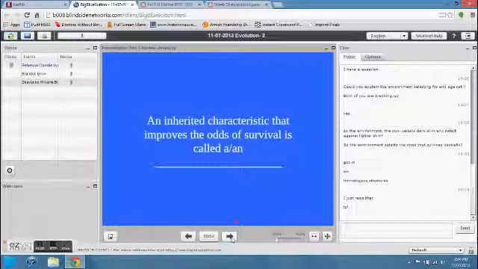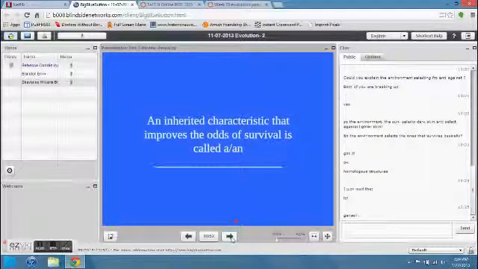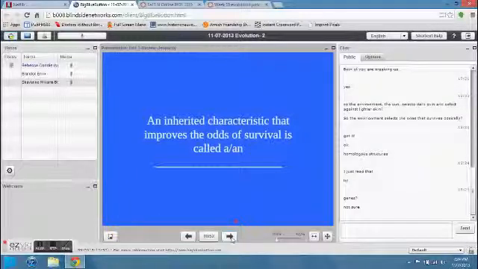So how do you improve your odds of survival? Genes? Okay, what do you do to the genes? Not sure, okay.